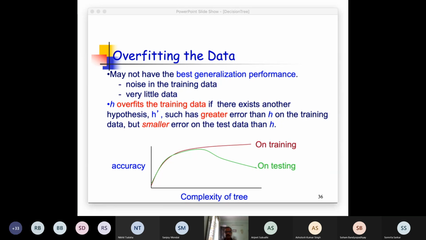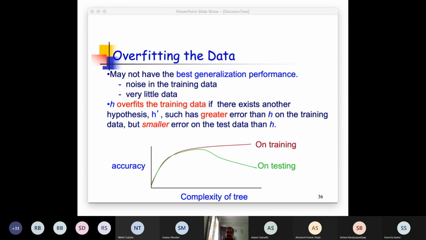So though your training data fitting is almost error free, I mean, you have a very low training error, still you will get higher generalization error in that case. So that was the kind of situation, and we consider that there should exist another model, though its training error is higher, but its generalization error would be low.